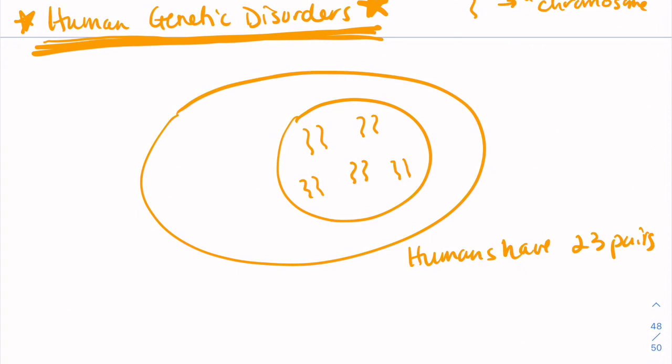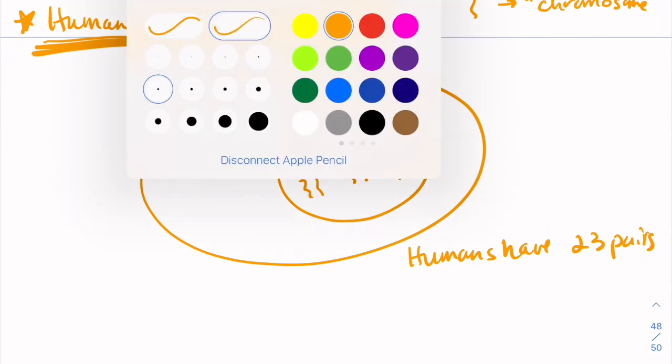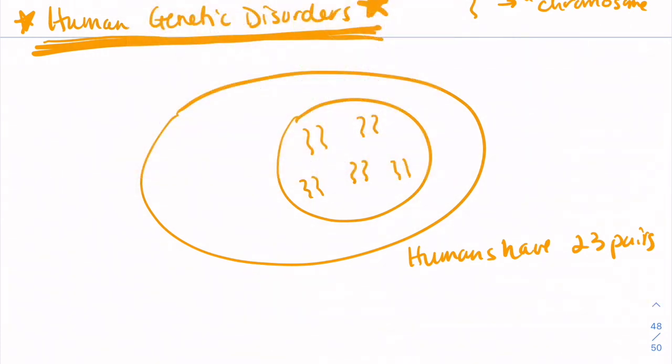Well, there's not enough room in this nucleus here for me to draw all 23 pairs. Like, we're running out of room there. Okay, but we number them. We give them a number. Like, there's human chromosome 1, and we have a pair of human chromosome 1s. We got this one from our birth mother, and one from our birth father, right?